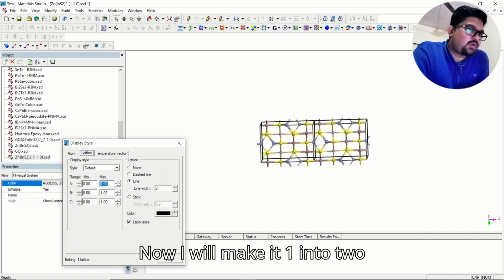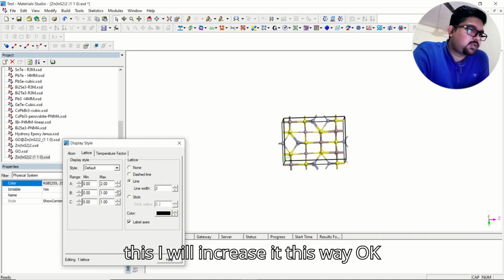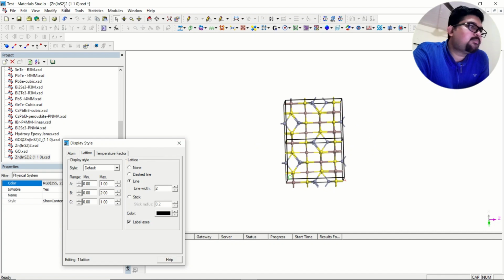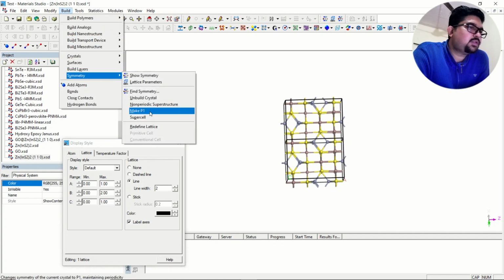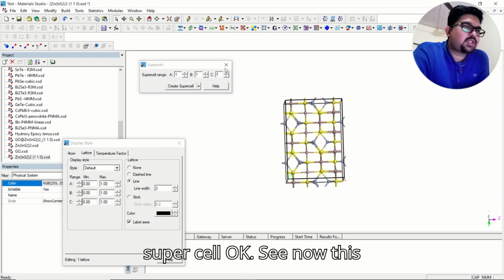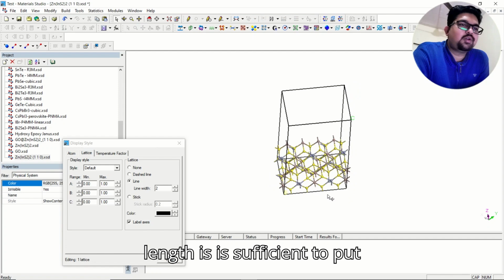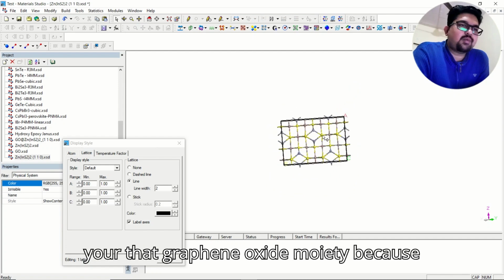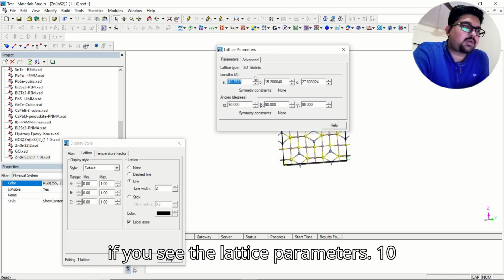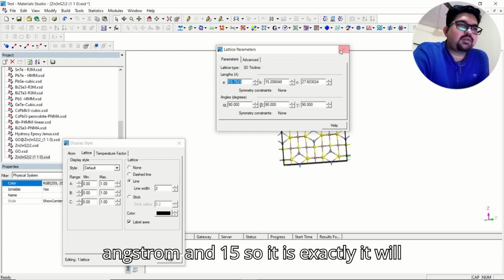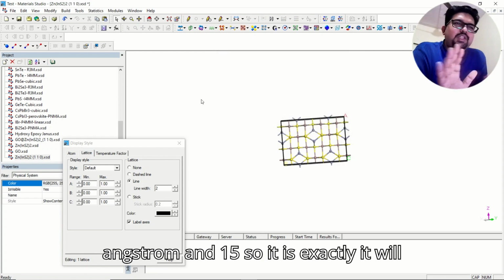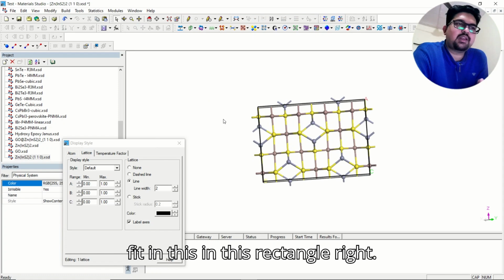Now I will make it 1 into 2. I will increase this in this way, and I will make a supercell. Okay, see, now this length is sufficient to put that graphene oxide moiety, because the lattice parameters are 10 angstrom and 15, so it will fit in this rectangle, right?